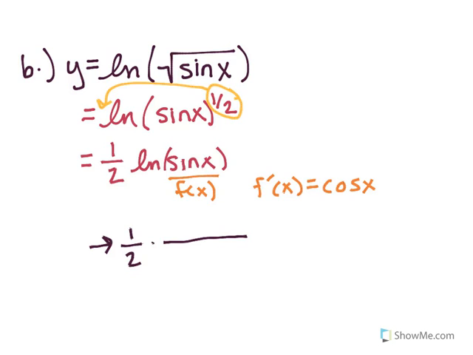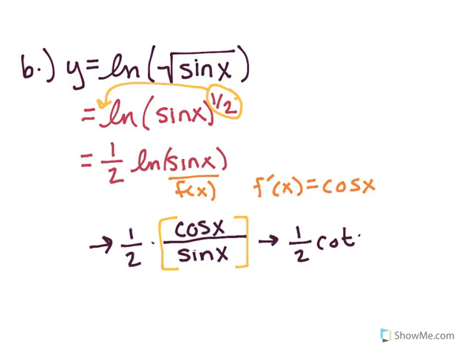So the denominator is the original inside part, which in this case is sine x, and then the numerator is filled in with my derivative of that part, which is cosine x. Now we know that cosine x over sine x is equivalent to cotangent, so this is all going to become 1/2 cotangent x, and that's it.